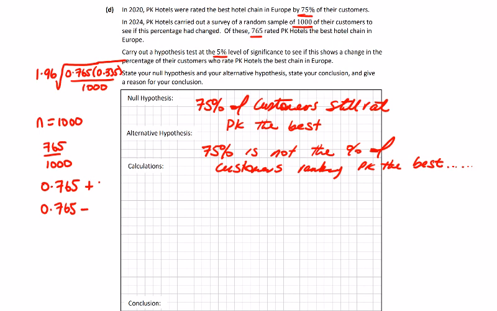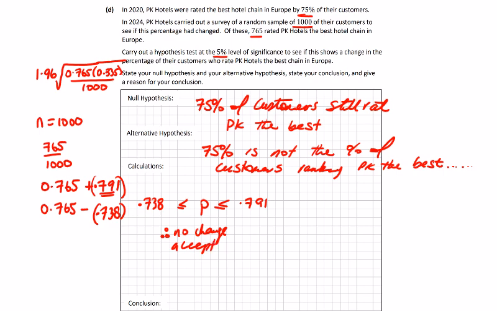The higher end is 0.791, and at the lower end I'm going to get 0.738. So our test statistic is between 0.791 and 0.738. Therefore, in the conclusion, no change, accept null, if this is the way you set it up.